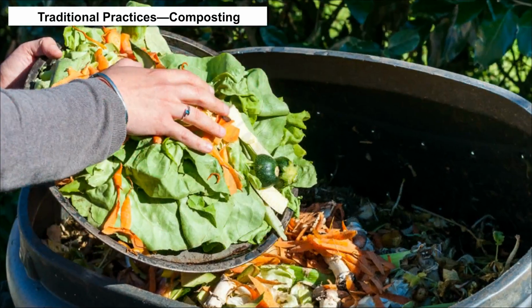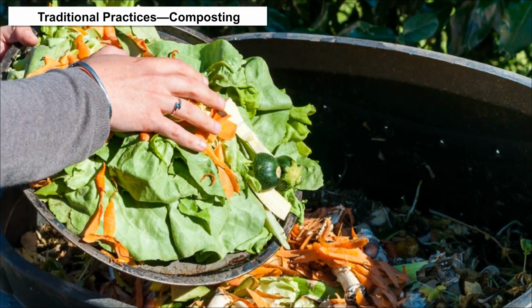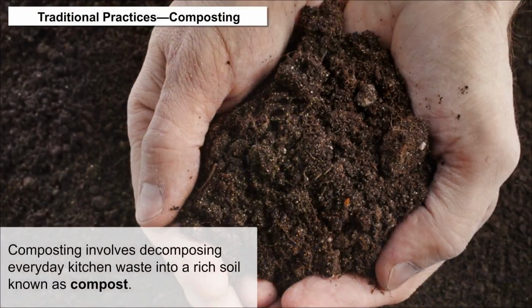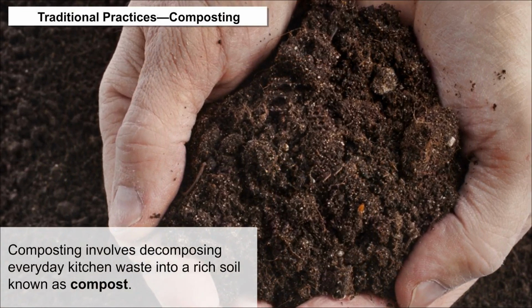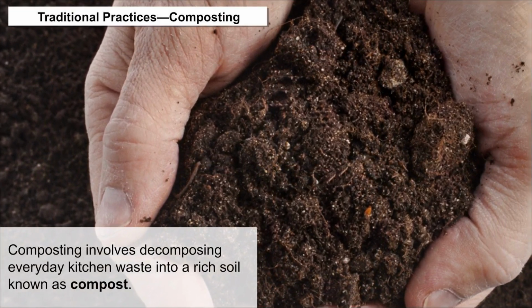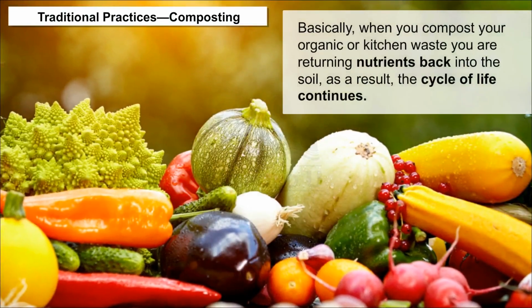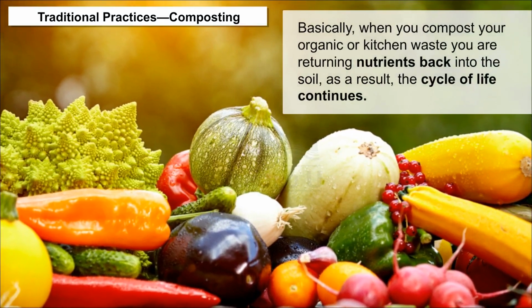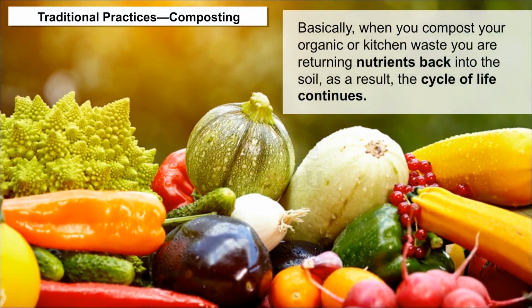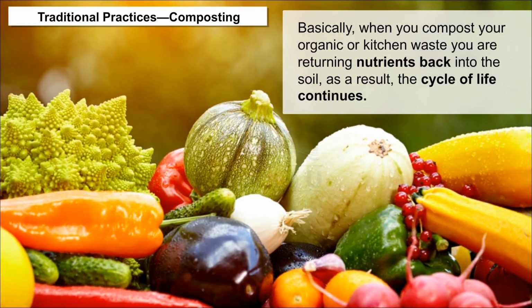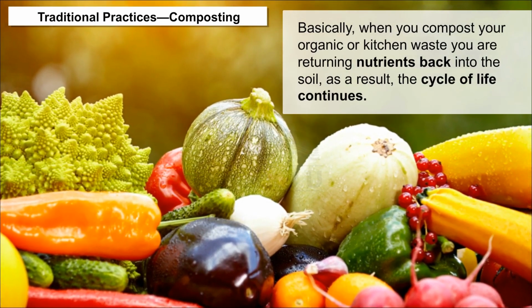What's great is that it can be done at home. Composting involves decomposing everyday kitchen waste into a rich soil known as compost. Basically, when you compost your organic or kitchen waste, you are returning nutrients back into the soil. As a result, the cycle of life continues.